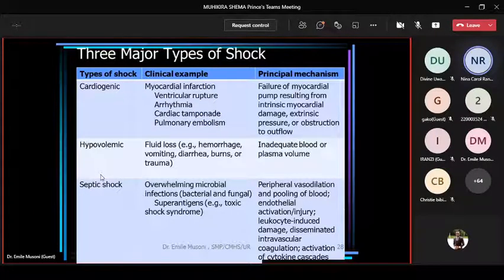Are there only cardiac shocks, or other types too? Lecturer, you said that shock is the diminution of blood volume, probably related to hemoglobin, but isn't there another type of shock? No. Shock is not related to the hemoglobin. It is the total blood volume. Hemoglobin is for red blood cells.